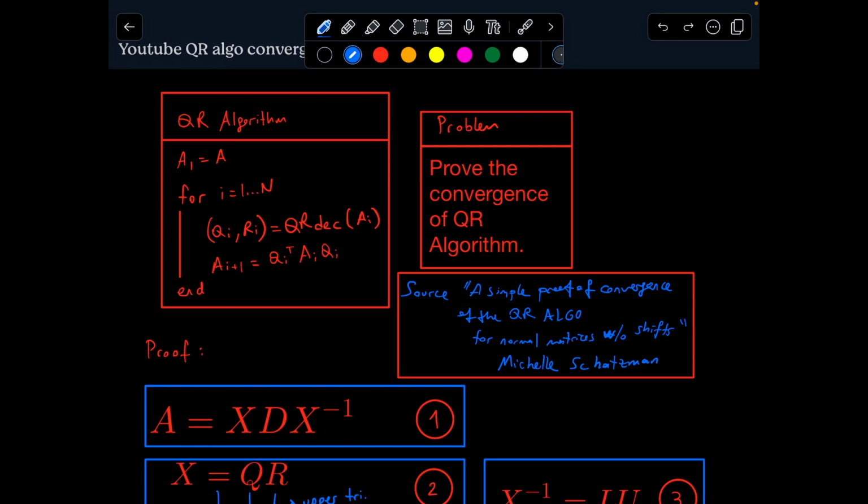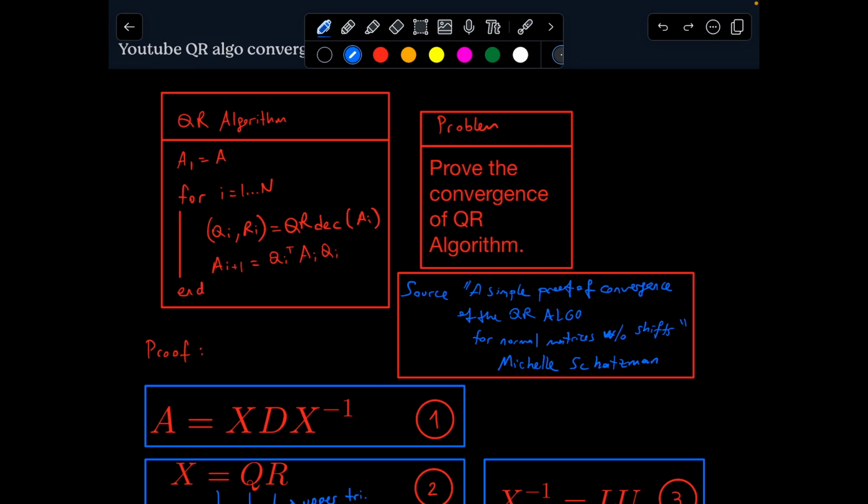So after that, we have the Q, we have this similarity transformation, and then we assign that to A(i+1), and then we iterate, doing the same operation. One thing to point out is that Q is an orthogonal matrix, plus since A is full rank, Q will also be full rank and invertible.